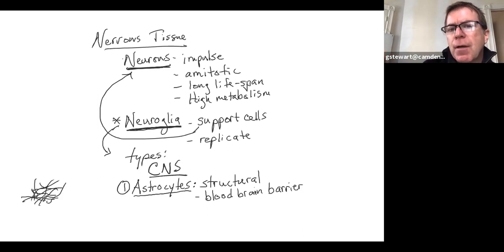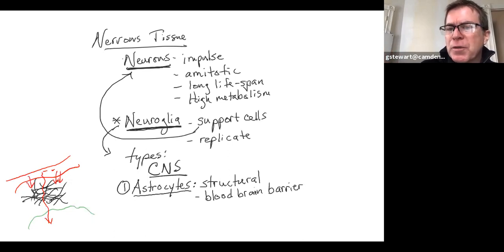Let's just say this is neural tissue of the brain, and this is a blood vessel. Astrocytes allow some things from the bloodstream to get to neural tissue, and other things can't. So it provides this barrier.